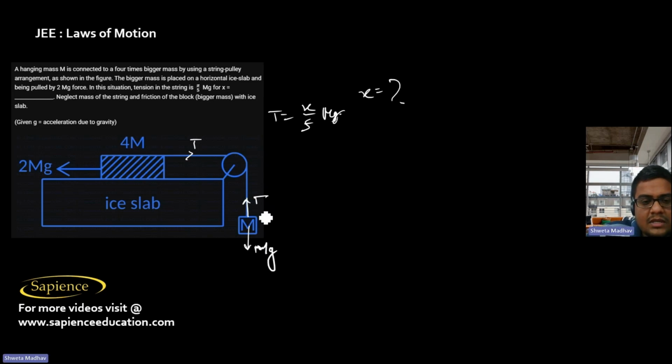Here the force is higher, so there will be acceleration towards the left for this string mass system. So here we have tension, so I can say 2 mg minus T is equal to 4 ma.